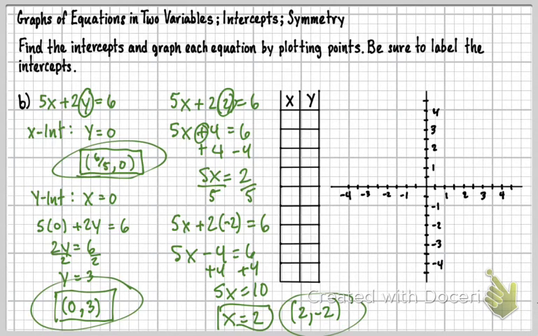I am going to use that (6/5, 0) to see if I'm staying on the same line here. Now again, since I'm graphing this, it's never completely accurate. And if you notice my scale here, I went every other one as 1 unit. So now let's plot points. So (0, 3) is going to be up here. And then (2, -2), so over 2 and down 2, that's going to be there.